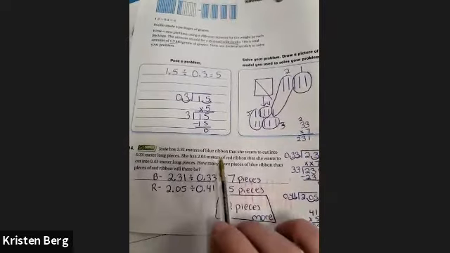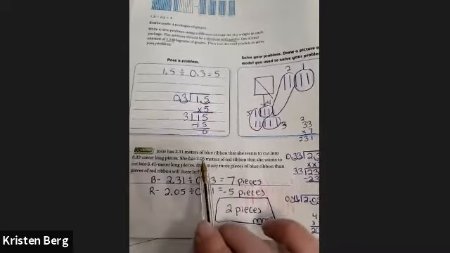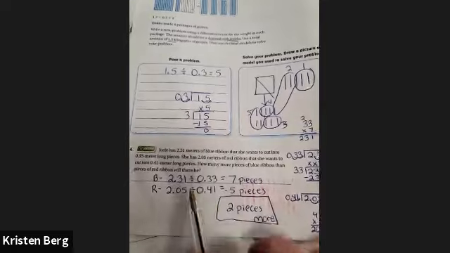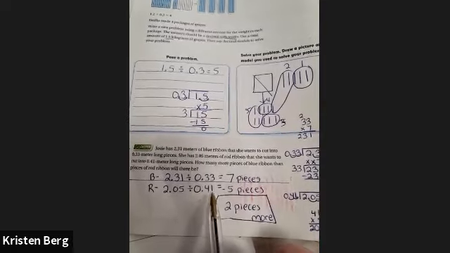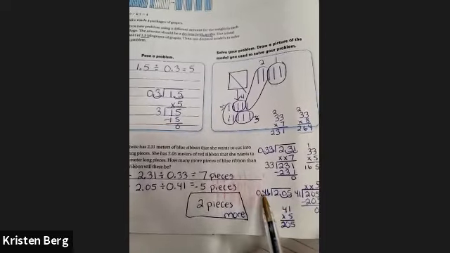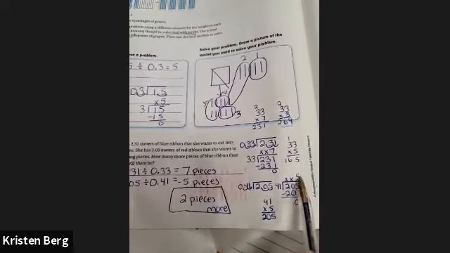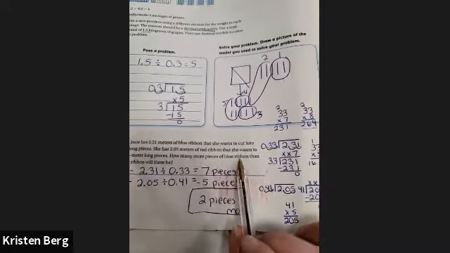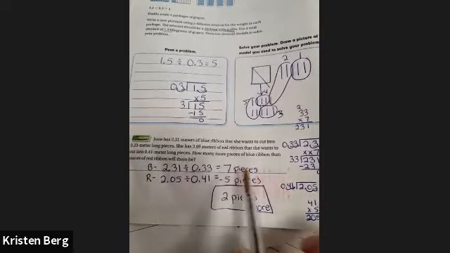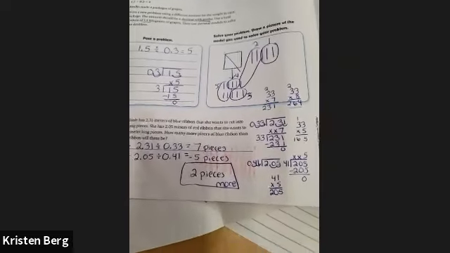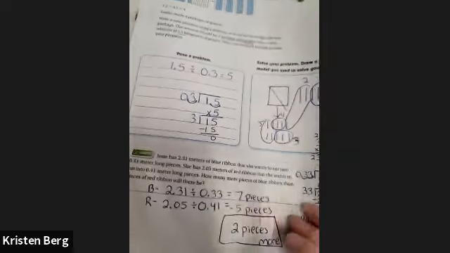Then for the red ribbon, she has 2 5/100ths meters, and if she wants to cut that into 41/100ths pieces, you would divide it, moving it into a whole number, and it would have been 5. So 5 pieces. But the question is, how many more blue ribbon than red ribbon will there be? Well, if you subtract, it would be 2 more pieces. All right, so that is what you should have done there.